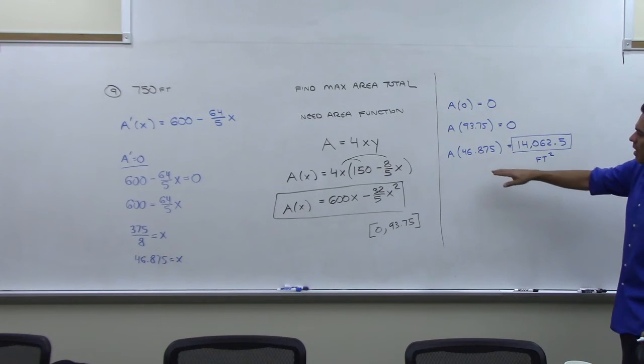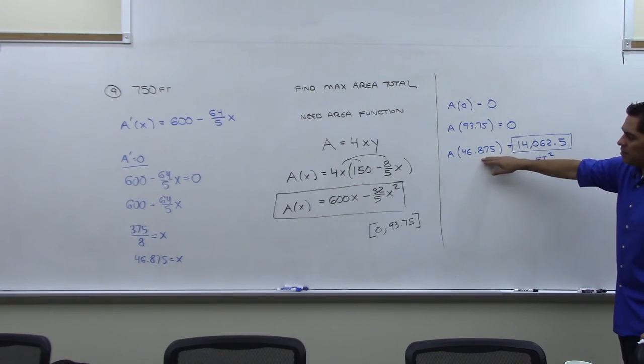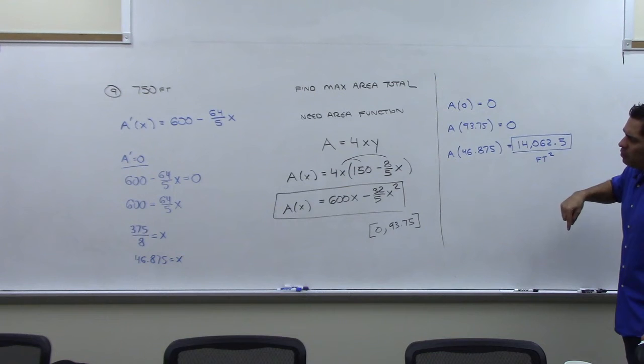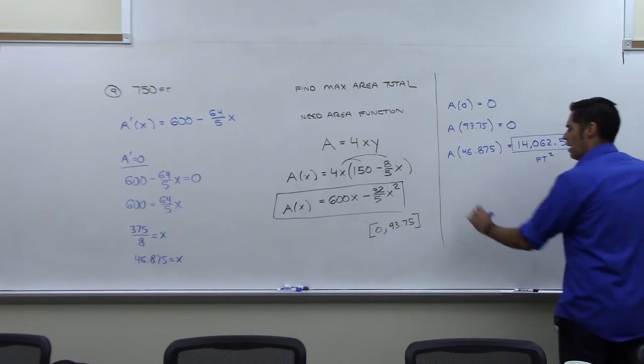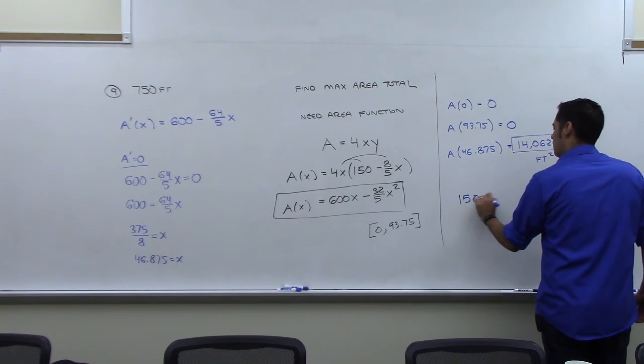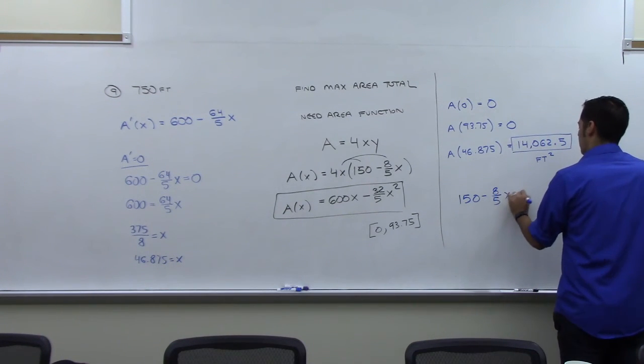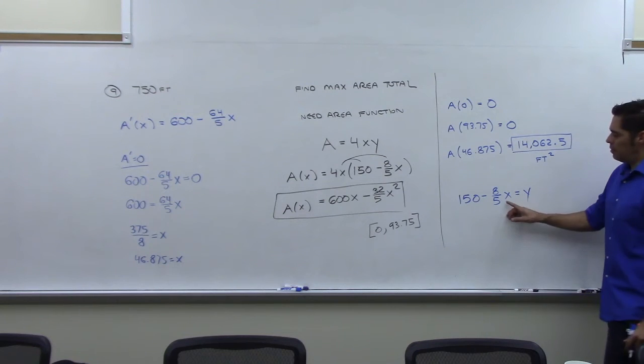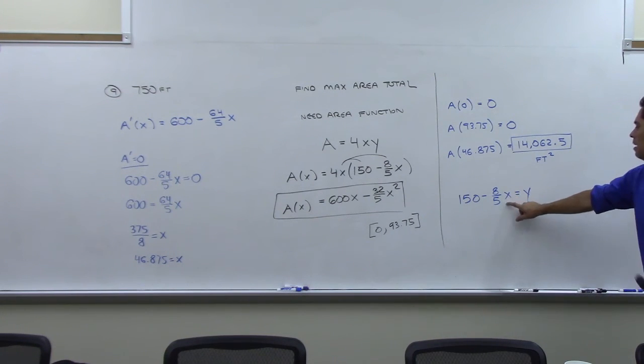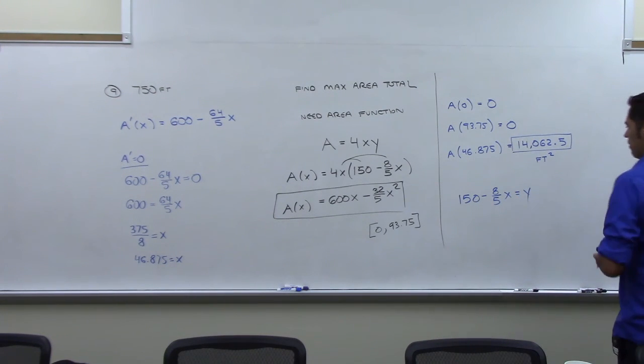It happens when you let x be 46.875. It doesn't ask you for what y is here, but you could go back to the constraint and find y. To do that, you use that constraint equation and replace x with 46.875.